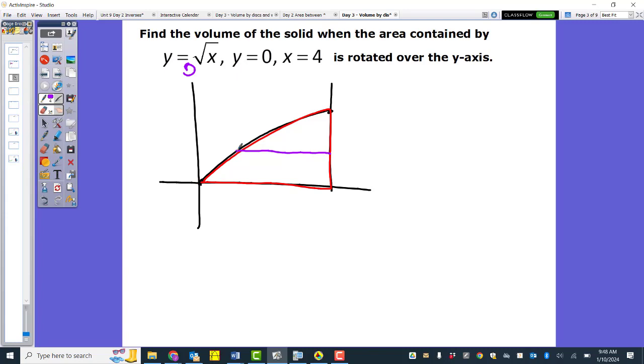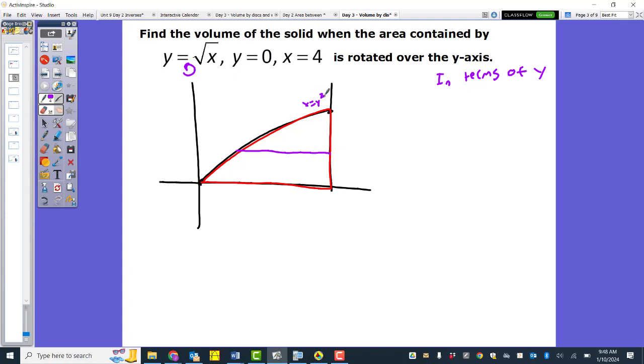Well, if we do it perpendicular to the y-axis, that means this problem has to be in terms of y. So instead of the function y equals square root of x, we're instead going to use the function x equals y squared. That's the function we're looking at right now.